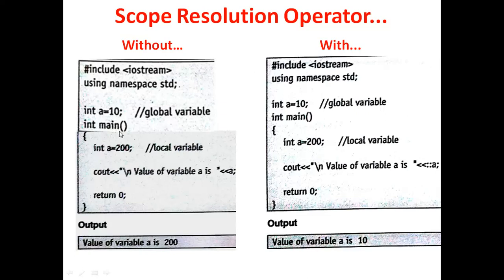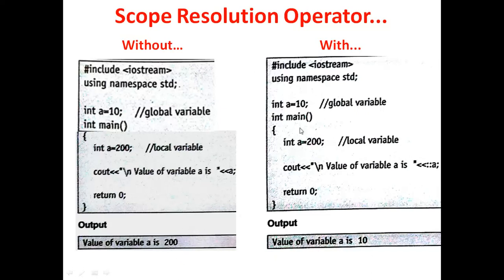Afterwards I have written the main class, and in that main class I have again declared the variable a as 200, and I have called the cout function. In that cout I'm displaying the value of a. So at the output you can see the value of variable a is 200, but initially it was declared as a is equal to 10.